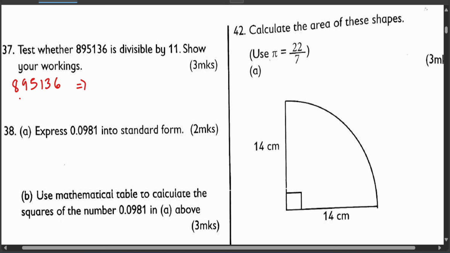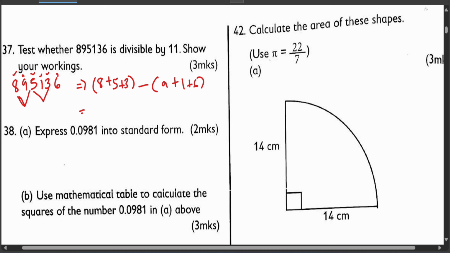So a number is divisible by 11 if the difference of the alternating digits is either 0 or a multiple of 11 or 11 itself. So if you look at the alternating digits, which are 8, 5, 3, you take 8 plus 5 plus 3, and then you have 9, 1, and 6, so 9 plus 1 plus 6.